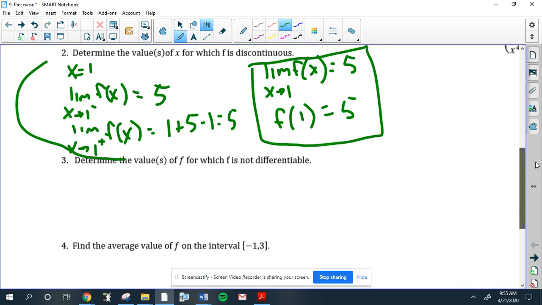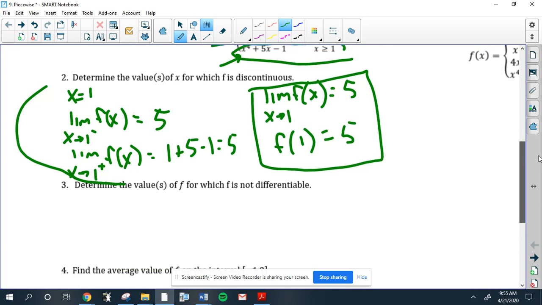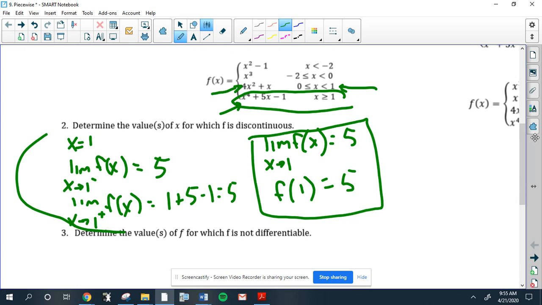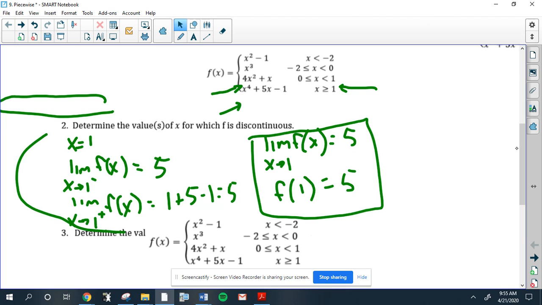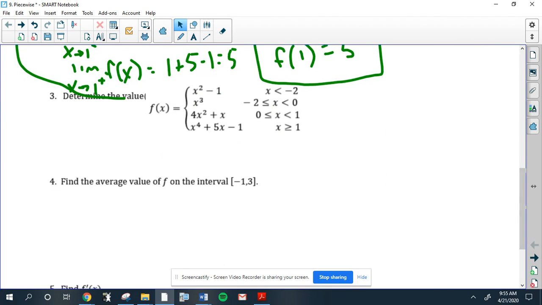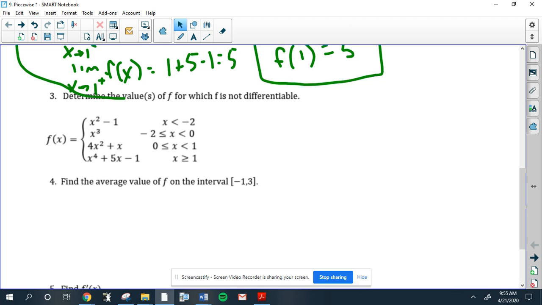The next question is, where is it not differentiable? So I'll quickly tell you how to do this. I don't want to spend too much time on this. You can just look at the solutions. But to figure out where it's not differentiable, you have to figure out where their derivatives match.